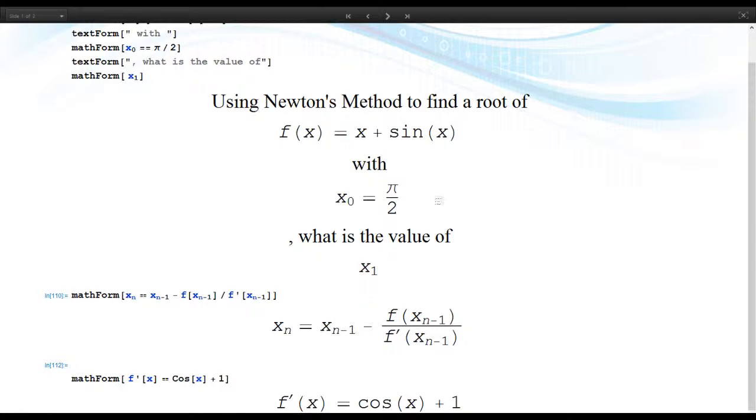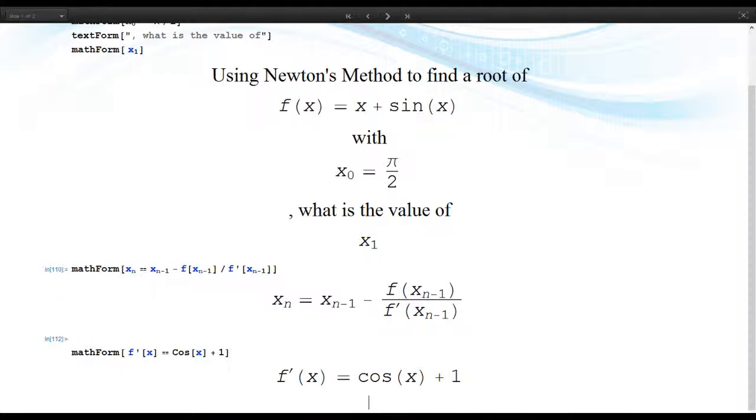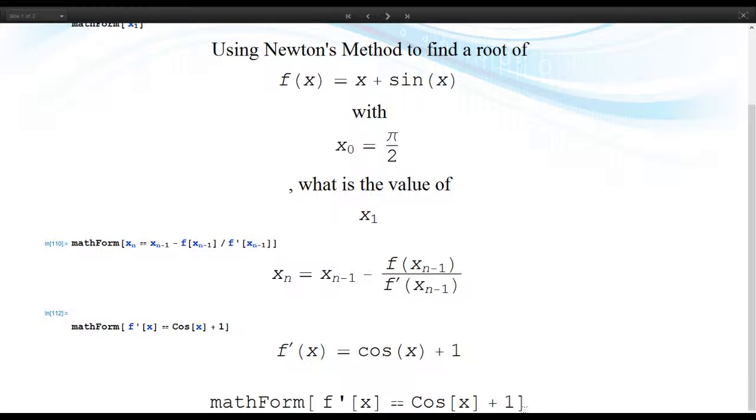Now we have to plug in pi over 2 into the function. So here's our function, here's our derivative, and then we plug all of those values into our formula. So let us do that. Oops.